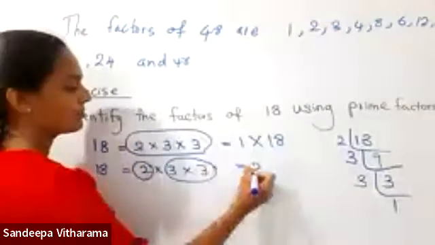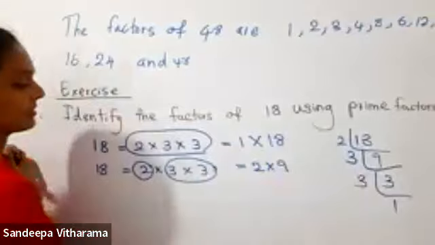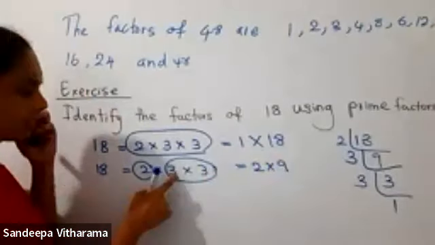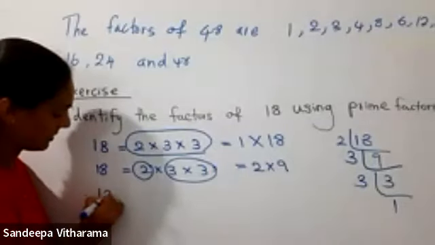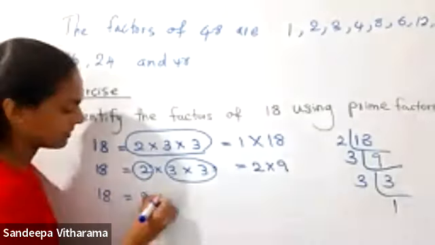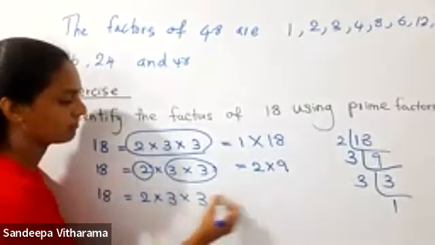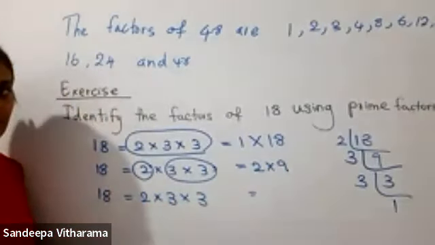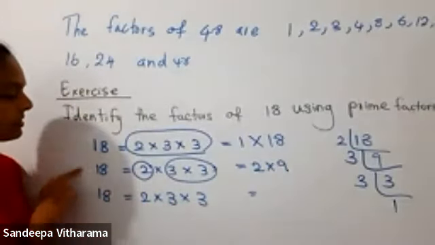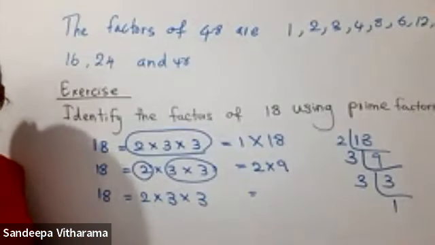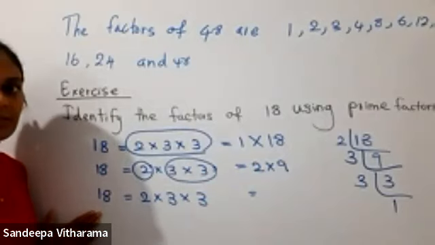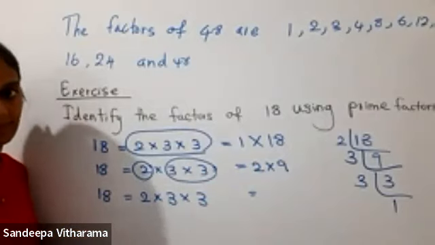It is 2 into 9, because 2 into 3 into 3 is 18. Okay. Then look at another possible way to obtain the answer. Have you got these two? Did you try it? Yes, madam. Okay. Did you try the last one also?